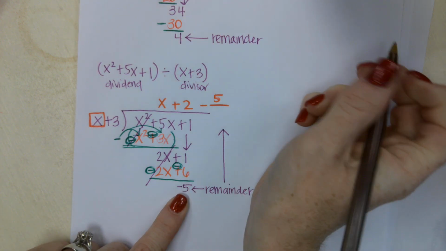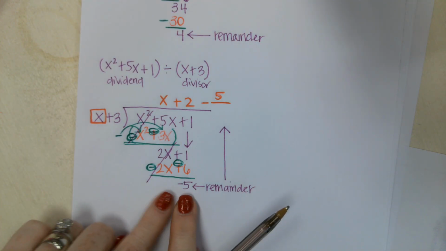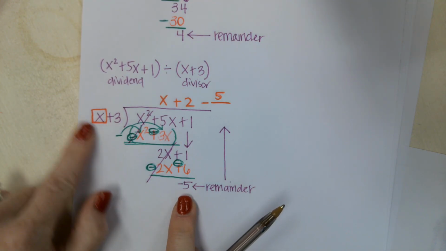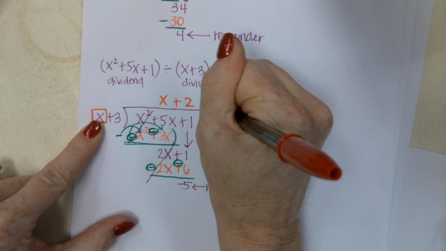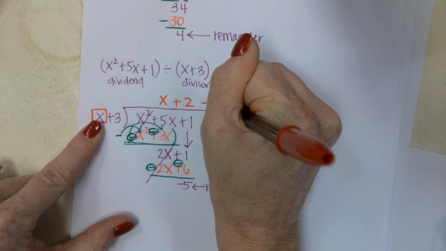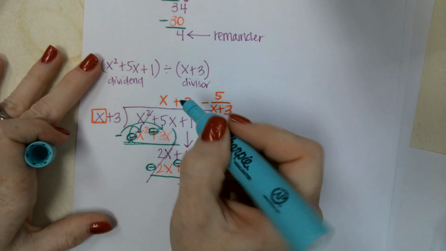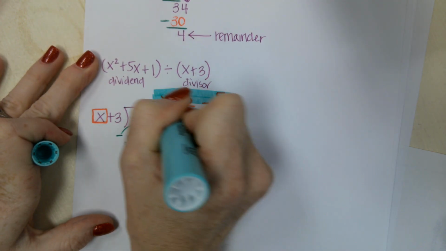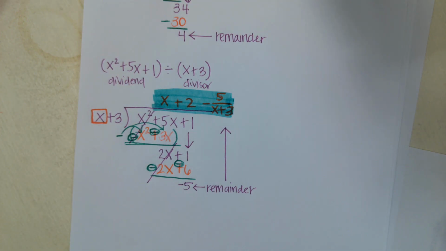But I'm going to create a fraction with it, because aren't I still technically dividing this negative 5 by the x plus 3? So I'm going to put the divisor as the denominator of that fraction. And this is my quotient.